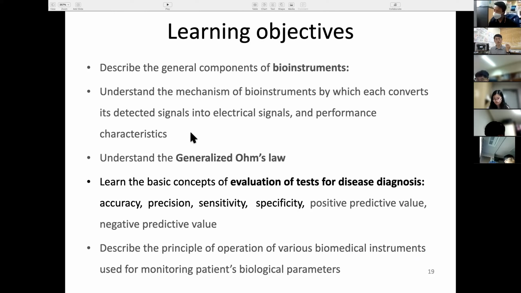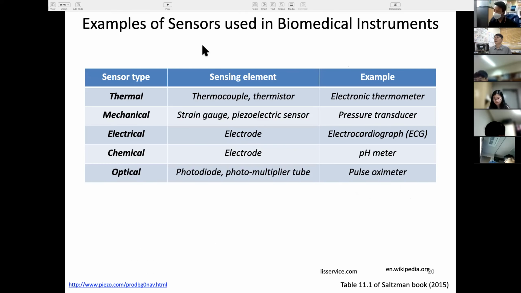So with this, I will give you the board exercise, and let's focus on the evaluation test, which is the most important part of today's lecture. For disease diagnosis, I will talk about sensors later on, but among the sensors we use, an electronic thermometer has a thermal sensor. A pressure transducer to measure blood pressure has a mechanical sensor. ECG contains an electrical sensor. A pH meter has a chemical sensor. A pulse oximeter has an optical sensor.